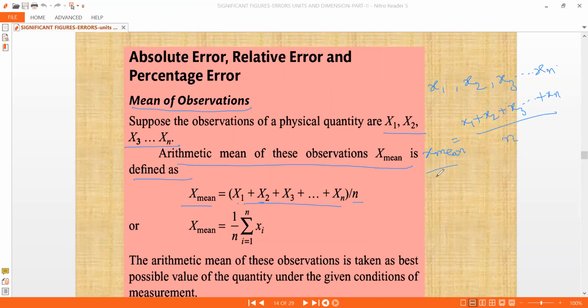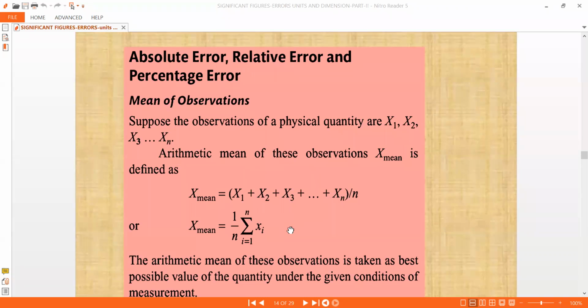This is what is represented over here, and that is written as sigma xi, with i running from 1 to n, whole divided by n. This is what is called the arithmetic mean or the mean of observations. The arithmetic mean of n numbers is given by this fundamental formula.